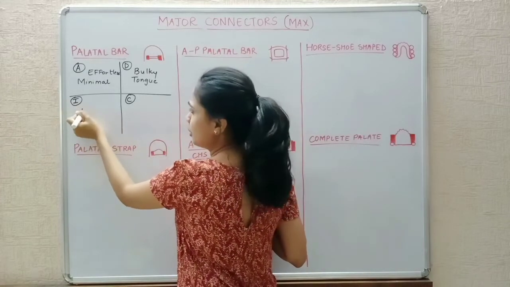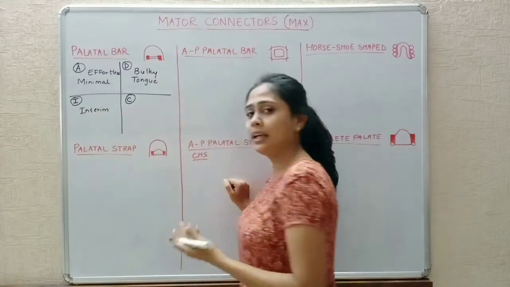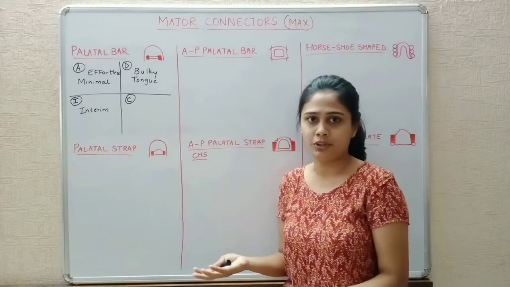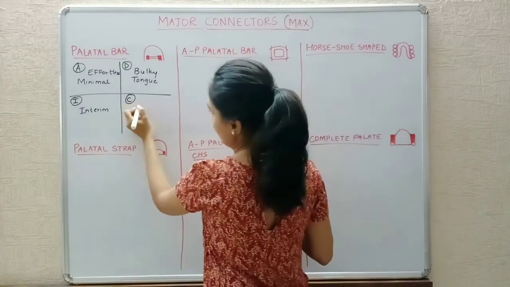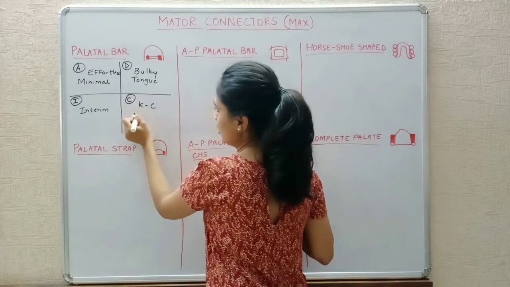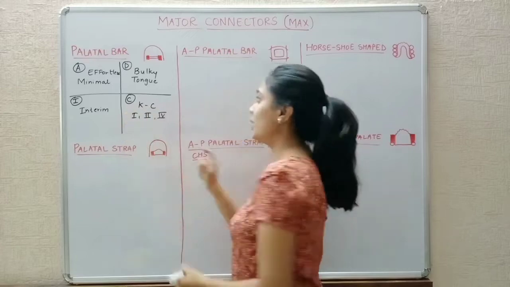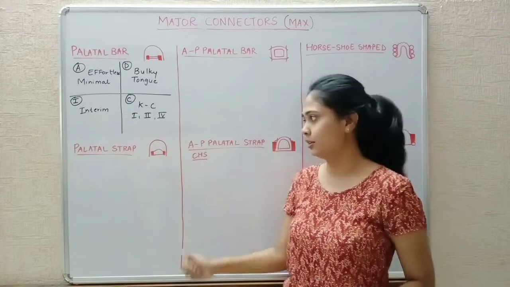It is not basically used as such right now in any Kennedy's classes, but we can use it as an interim restoration for a temporary period. And the contraindications are Kennedy's classes 1, 2 and 4. Palatal bars are rarely given in Kennedy's class 3, but we are not mentioning that here.